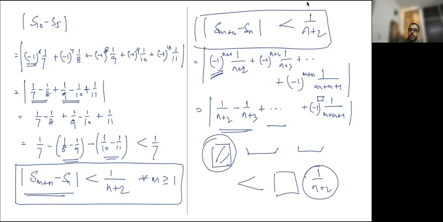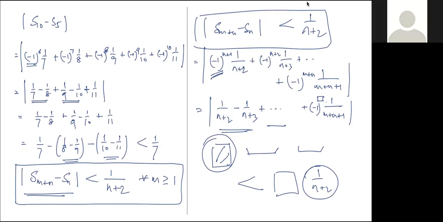And now once you have this inequality, you can use the Cauchy criterion to prove that this series would converge. Okay, so this series is going to converge. So any questions from this proof?